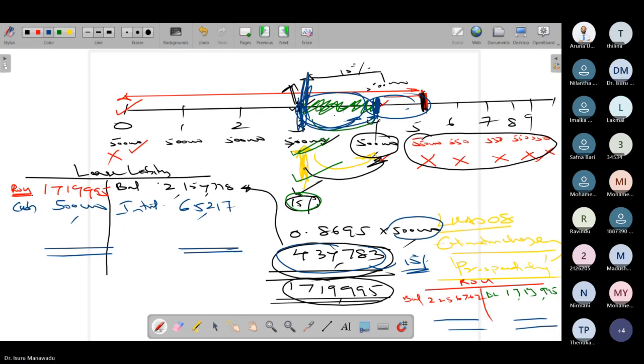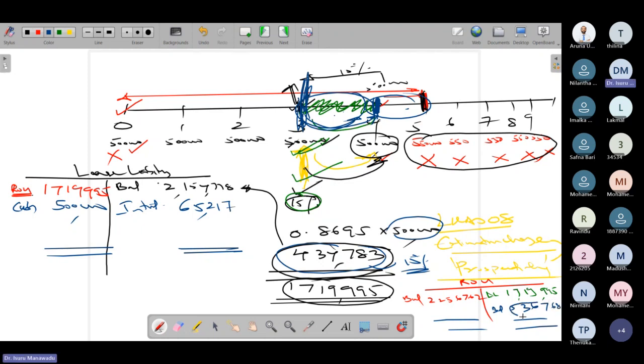How much is it coming? 2 million 200... 536,768. 2,256,762 minus 1 million 719,995. Is it 536,586? 536,768. Right.